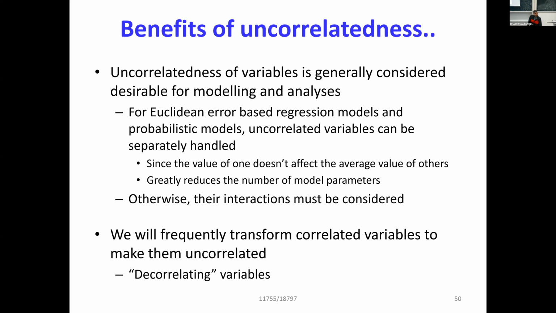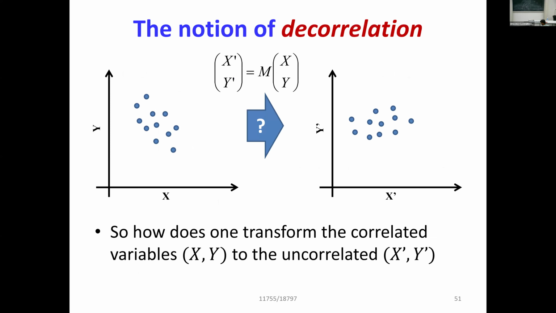And in this case, if your variables are uncorrelated, you can handle them independently, because the value of one doesn't affect the average value of the other. Otherwise, you have to consider the interactions and things get very annoying. So often when you have correlated random variables, we will try to uncorrelate them, decorrelate them, right? We'll try to transform them to something where the correlation has gone to zero.